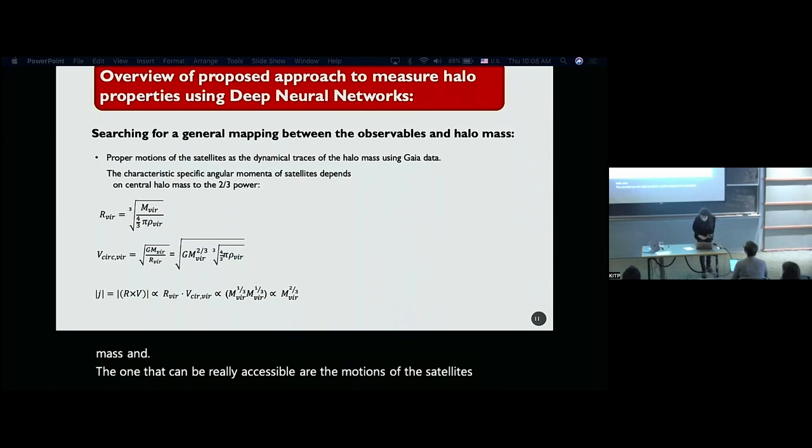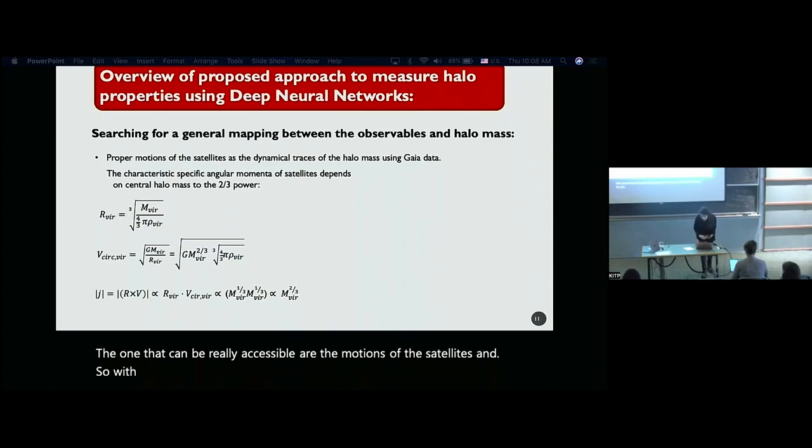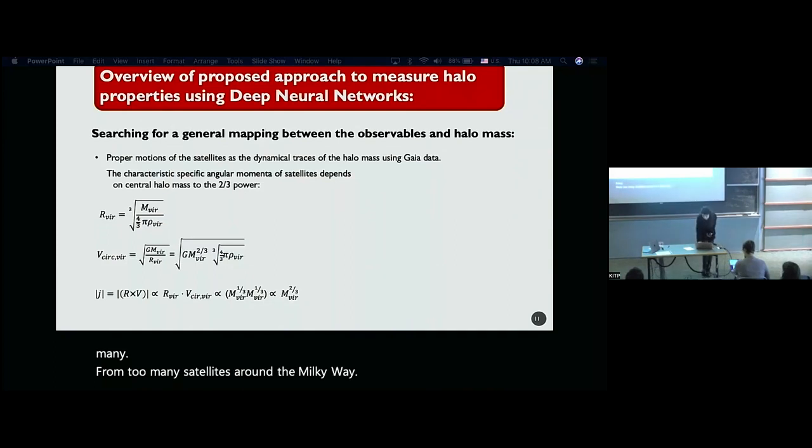With the Gaia mission we have very precise proper motions and distances to many satellites around the Milky Way.